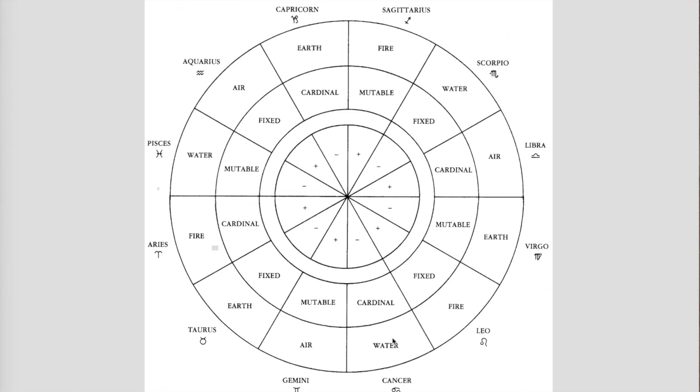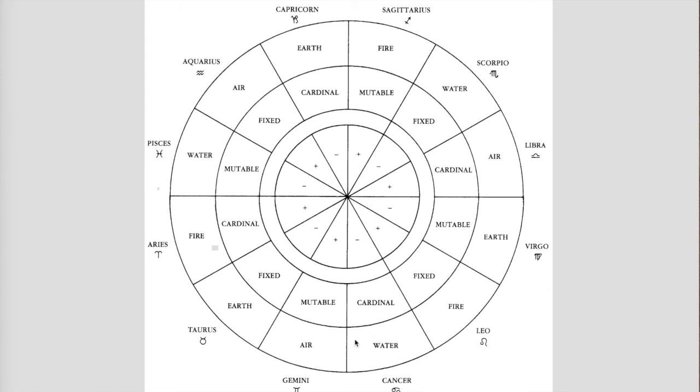So the water again is the emotions, the movement. We say that the moon moves the tides. We come from the water. This is kind of our home. And a lot of times people will associate Cancer with the home, with being at home, taking care of the home, who's at home, and all the rest of that.